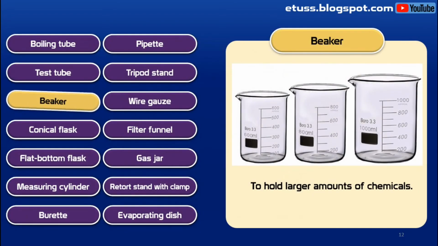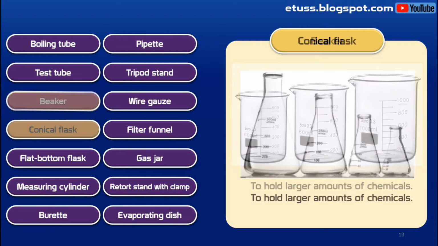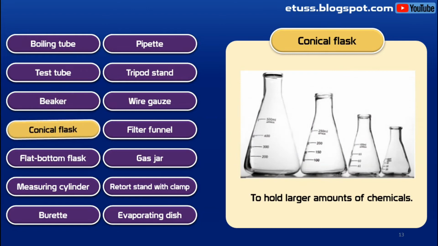Next is beaker. Beakers are used to hold larger amounts of chemicals compared to test tube and boiling tubes. Beakers also can be used for chemical heating purpose. Next is conical flasks.